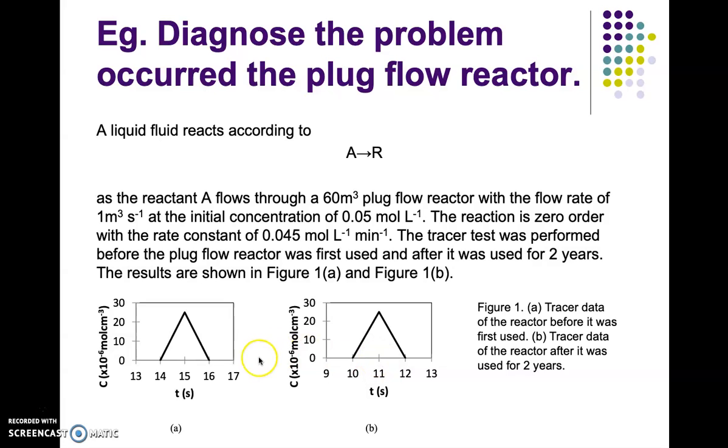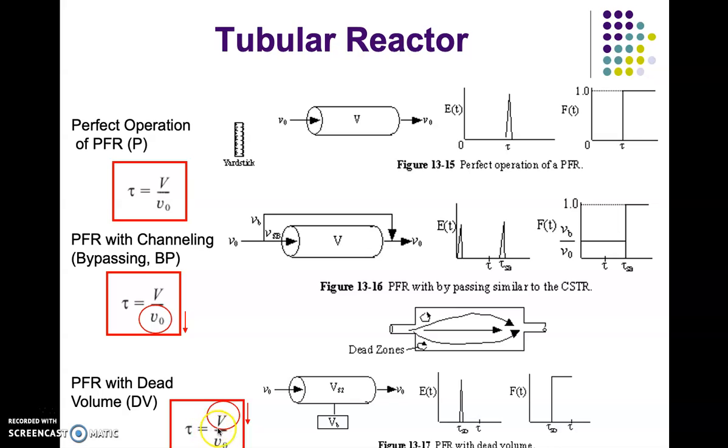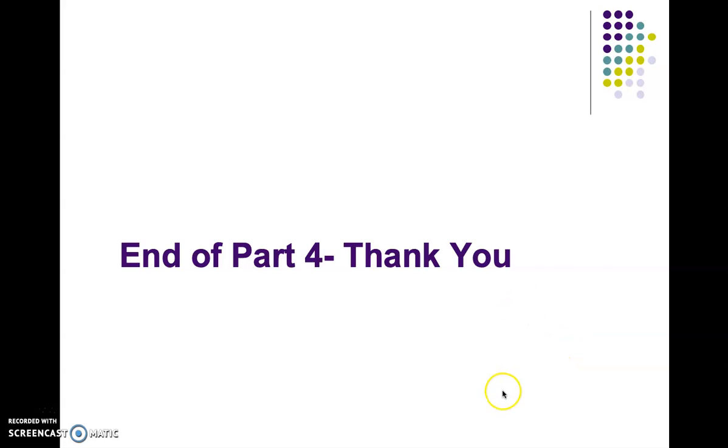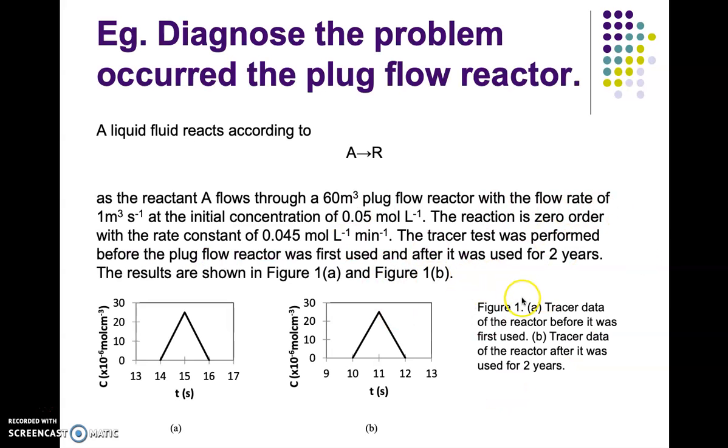By looking at this, we can see that maybe the reactor is having a dead volume condition, because earlier we know that for a tubular reactor, dead volume will make your residence time become smaller. Try to do this exercise and you will understand more about it.